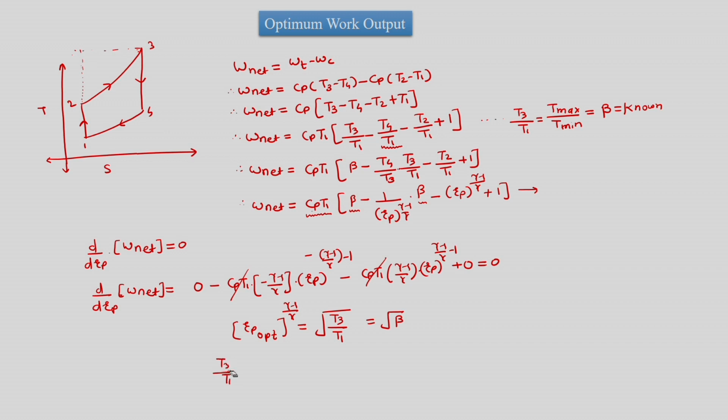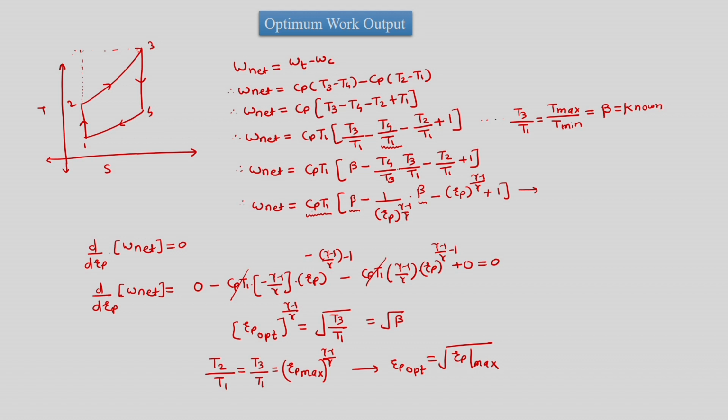Then after the process of compression, we will get the temperature T2 and the ratio is T2 by T1, but in this ideal case T2 is equal to T3, and then this is Rp max bracket raised to gamma minus 1 upon gamma. So Rp optimum practically is square root of Rp max. This is the definition for Rp optimum.